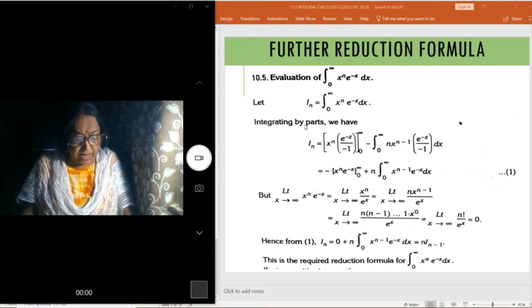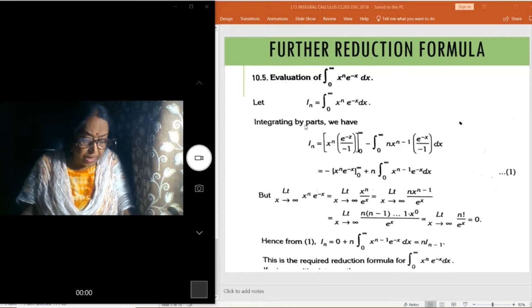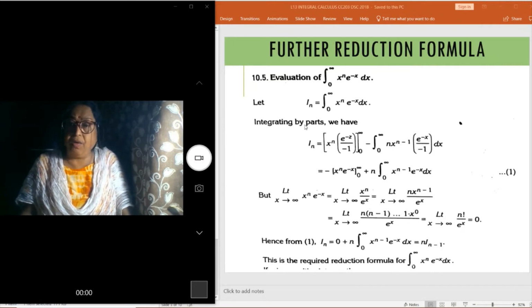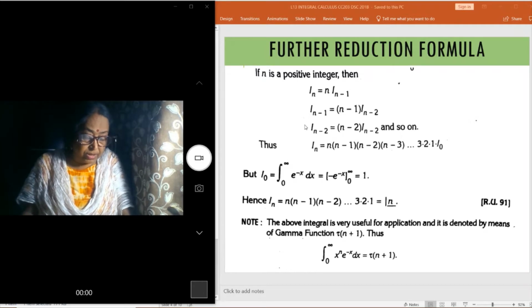Again, when x tends to infinity, it also becomes infinity by infinity form. Again, we differentiate the numerator and denominator separately. Here in the denominator, in all the cases, it is e to the power x. But the numerator, as you can see, becomes n into n minus 1 and so on after n differentiations, and then x to the power 0.